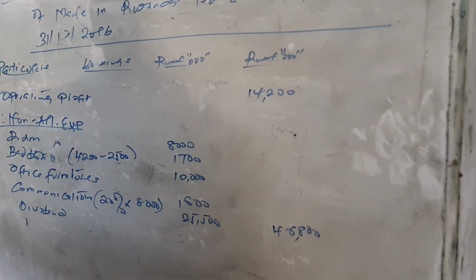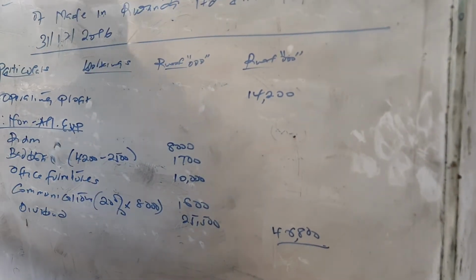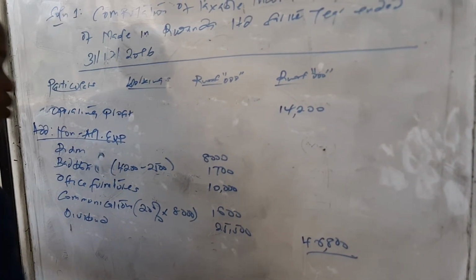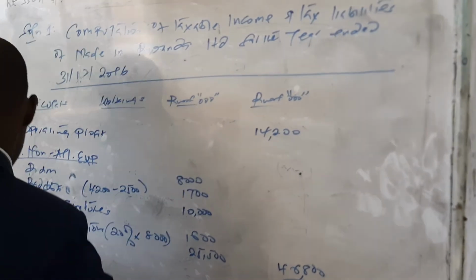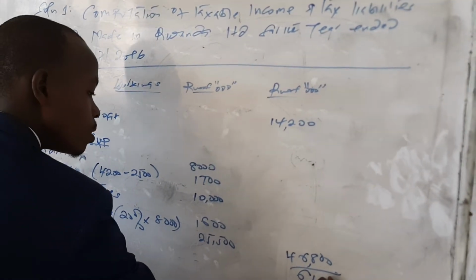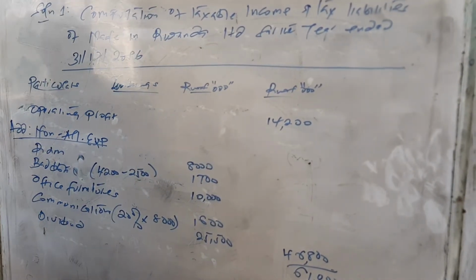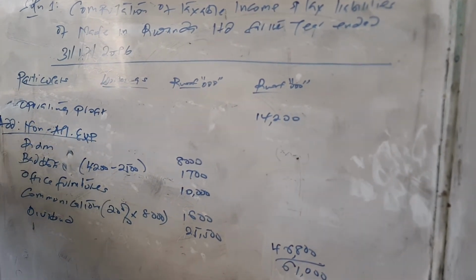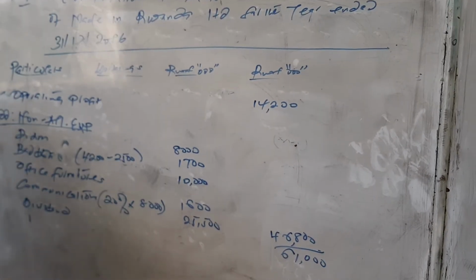So therefore, we need to check the total here, which is 61 million. So let's less allowable expense.